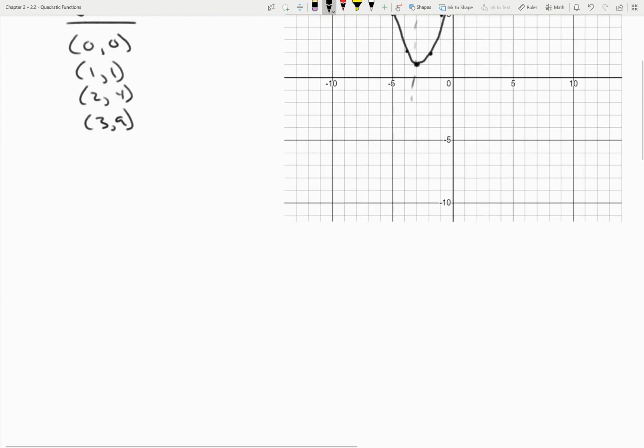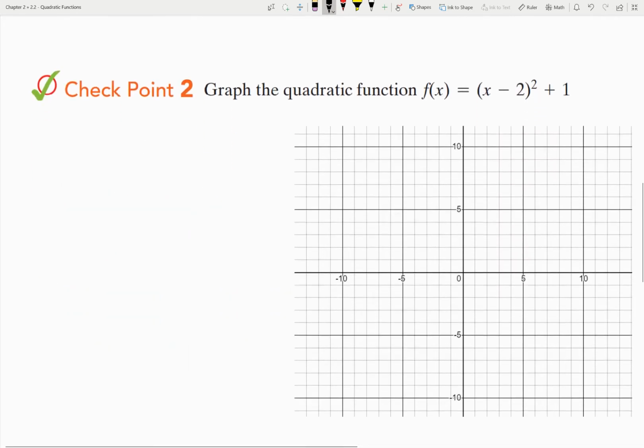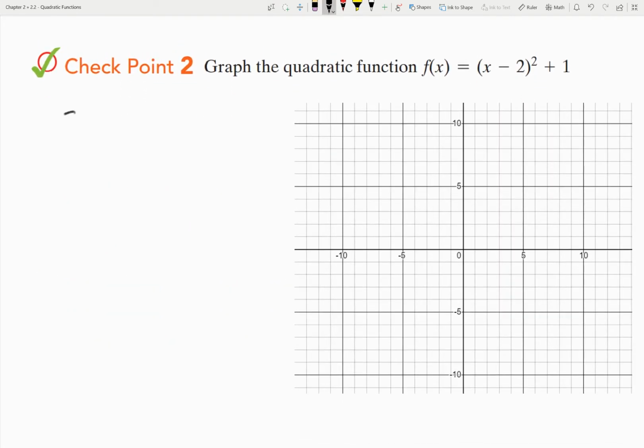One more of this type. Okay. Again, a is 1, so there's no stretch or compression. The vertex is 2, 1. So we have our vertex right there. I don't need to stretch or compress at all, so right 1, up 1, right 2, up 4, right 3, up 9.